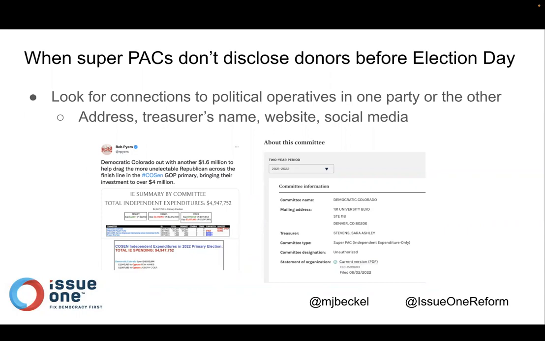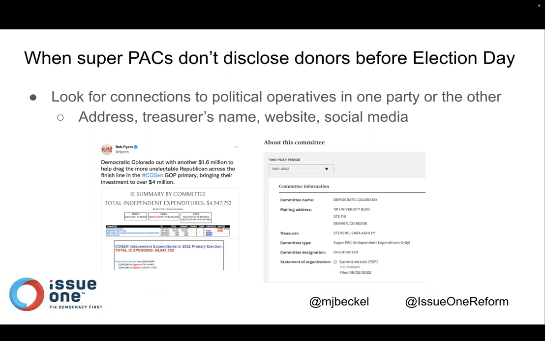We're also seeing an alarming trend of super PACs sometimes popping up shortly before Election Day, and therefore not being required to disclose their donors until long after the ballots are cast and counted. So these pop-up super PACs sometimes appear just before Election Day and spend a bunch of money and then shut down after an election.